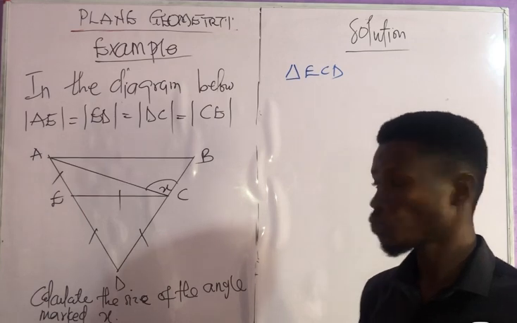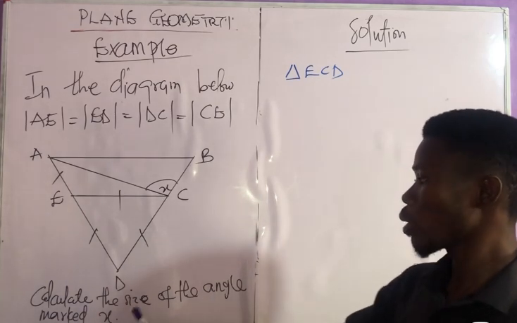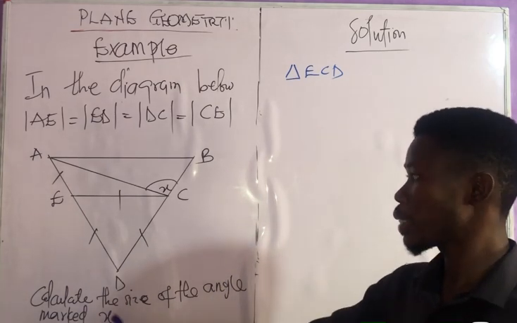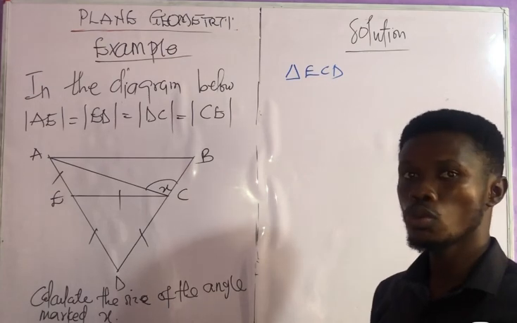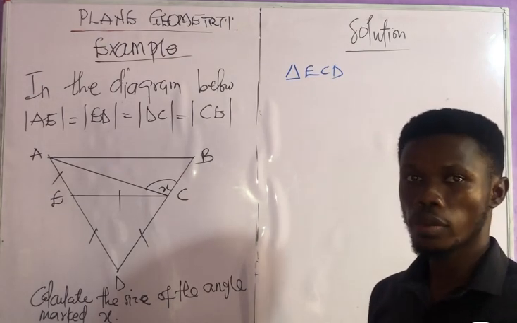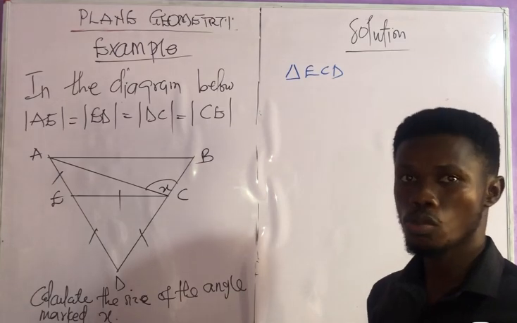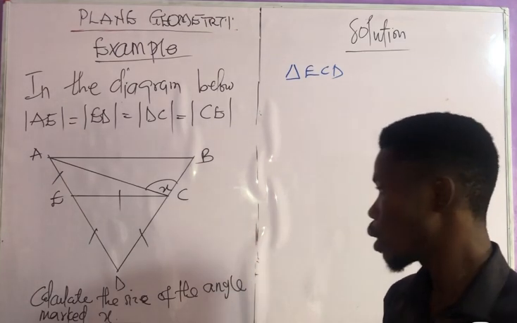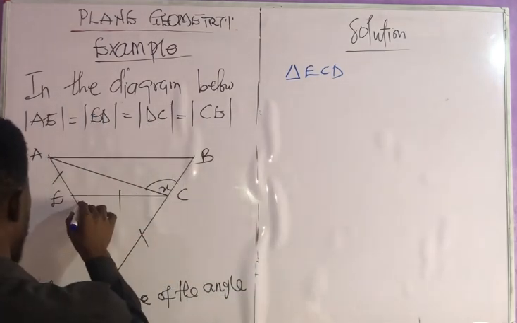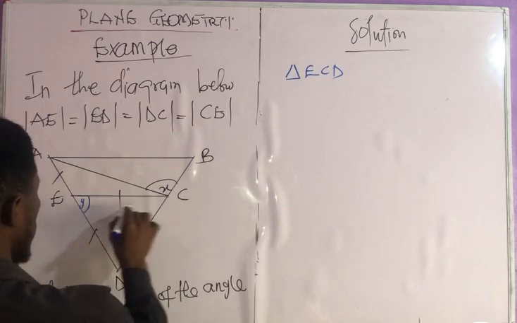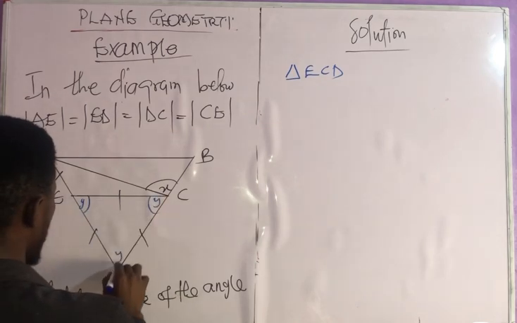And the question is saying that calculate the size of the angle marked X. So you want this side. We know that for an equilateral triangle, the angles are all equal when we're doing the properties. So I can represent here by Y, because they are all what? Equal.